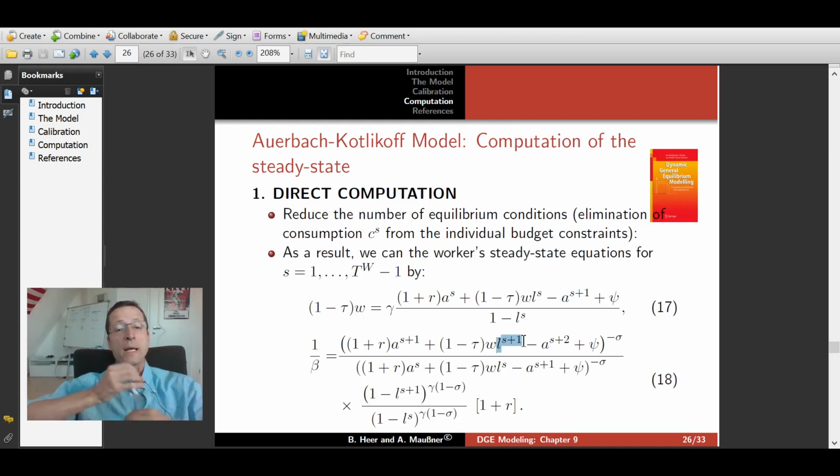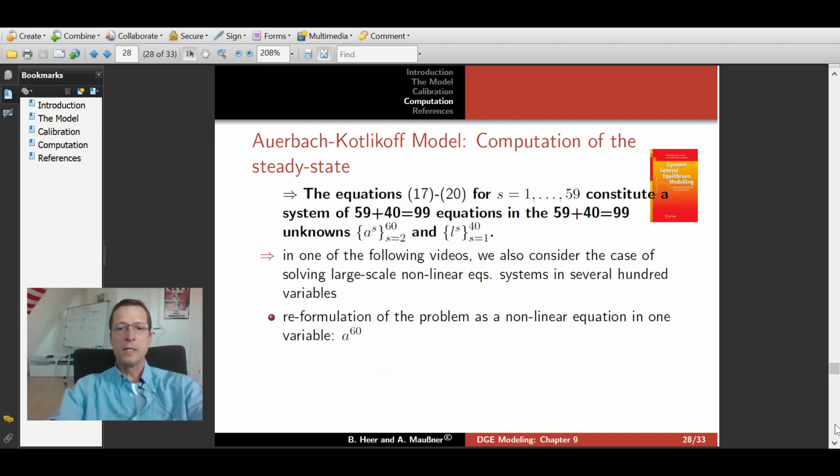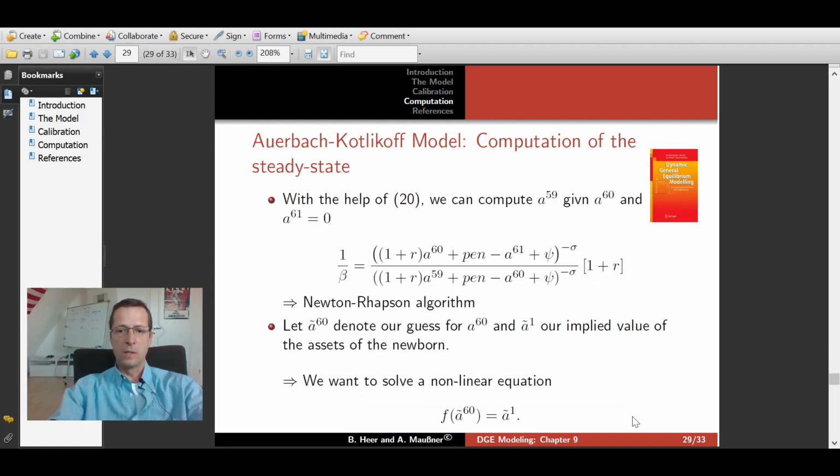And then we can go back in time and compute the implied value of the individual wealth at the beginning of period 1, the value of the initial asset. And we know that it should be 0, but of course by choice of our variable A60 as our initial guess, the probability that this will be 0 is of course 0.